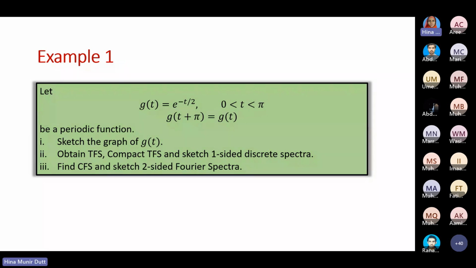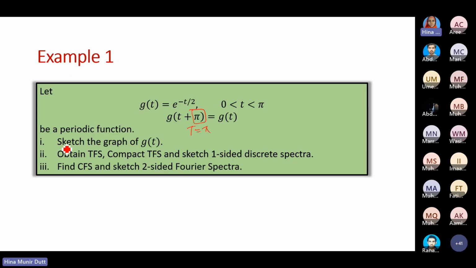Okay, let's solve the question. The question is this: you are given a periodic function defined by g of t is equal to e to the power minus t over 2, where t varies from 0 to pi, and this is a periodic function with a period of pi.